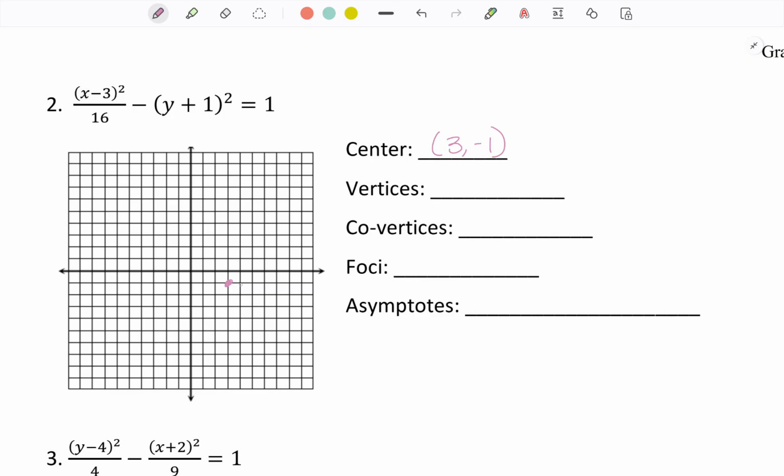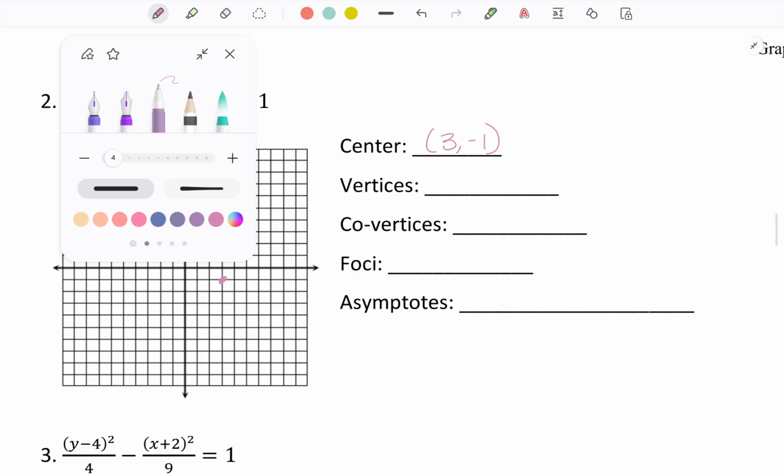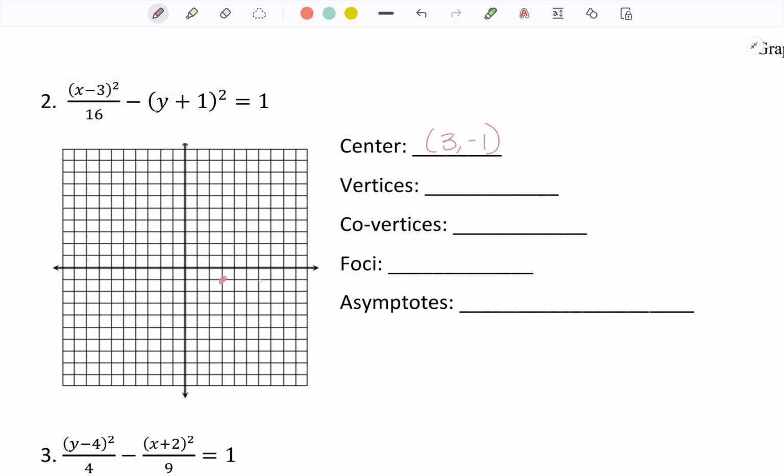So we are going to go 4 on each side. So 1, 2, 3, 4. That gives us vertices at negative 1, negative 1, and 7, negative 1.